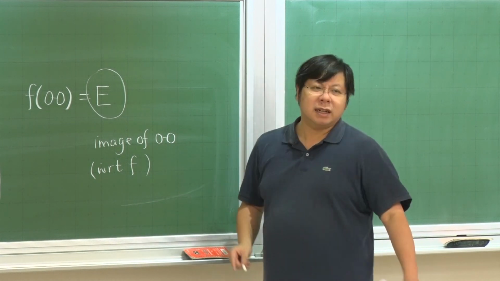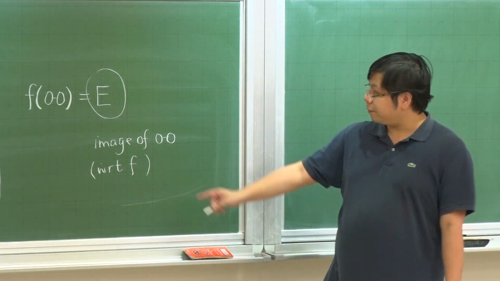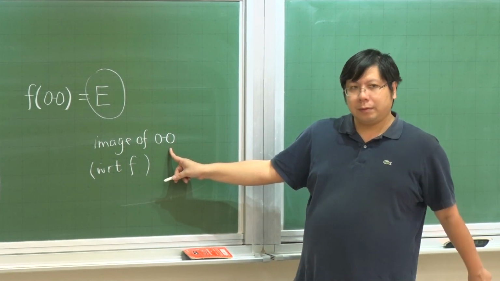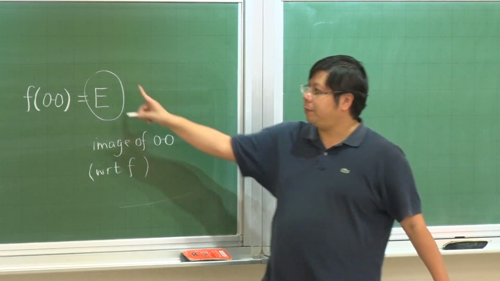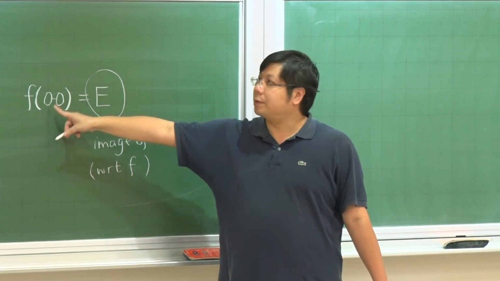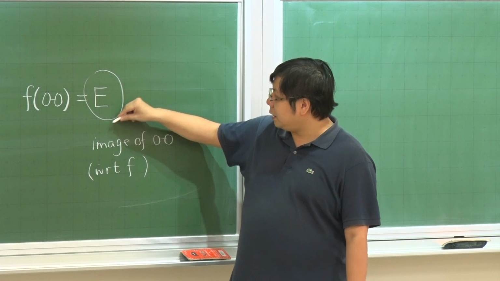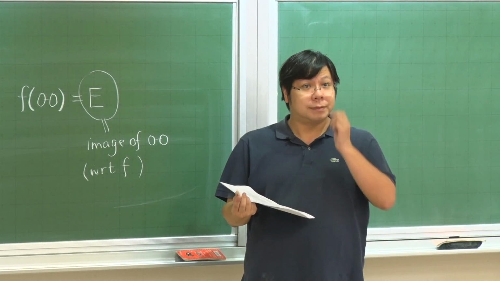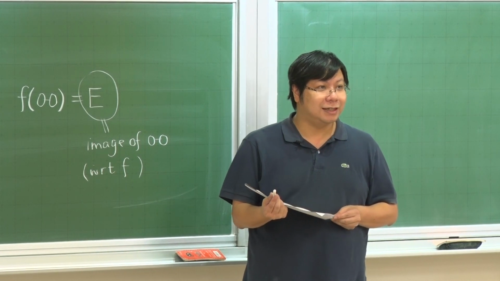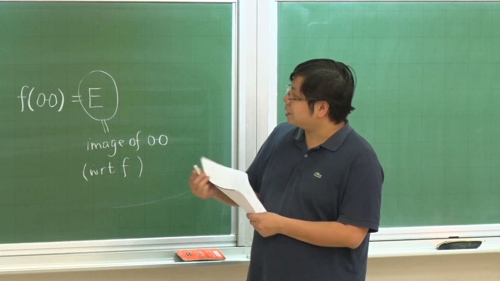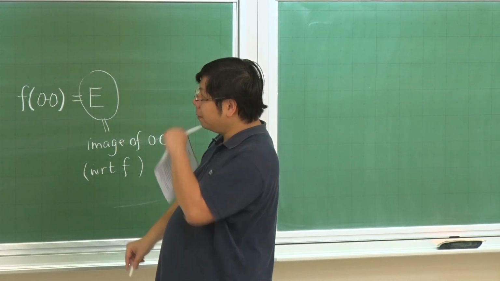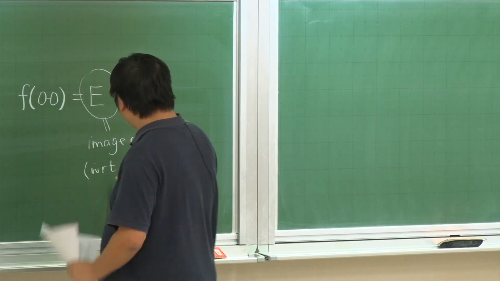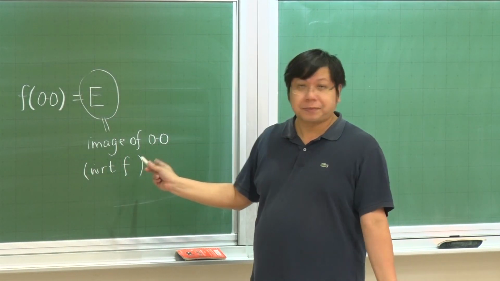Under the discussion of the function f, if you put Nobita as the input value of this function, you get the value E. So E is called the image of Nobita. And there is one more description. We have defined what is an image, right?